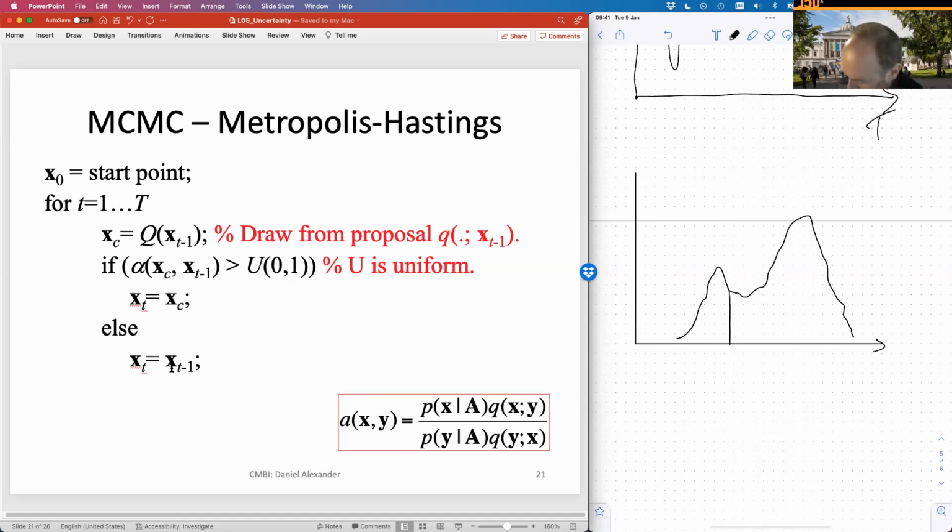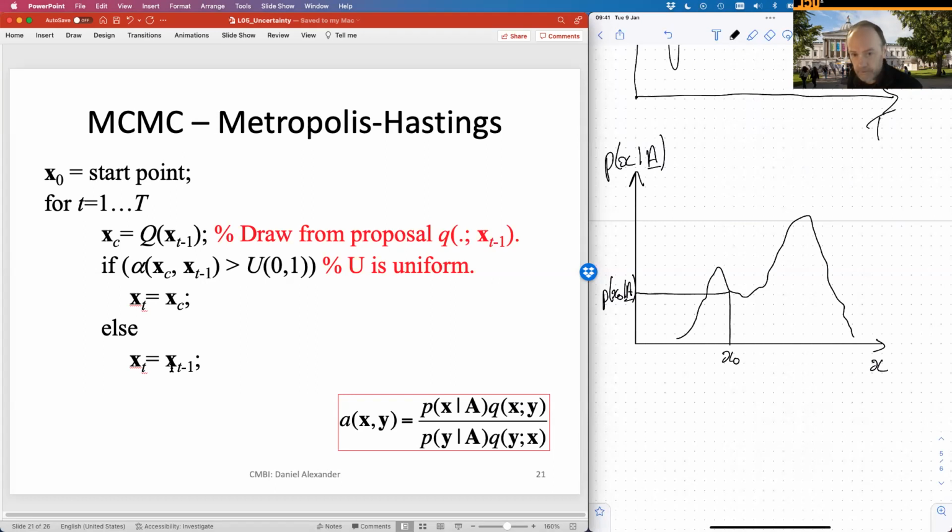Let me label these axes. This is x, our unknown parameter, and this is the posterior distribution on x, p of x given some set of measurements A. So this is our x0 down here. I could have chosen that anywhere; I happened to choose it there. Let's evaluate the likelihood of this parameter value. That's just the value on this axis here, so that's p of x0 given A.